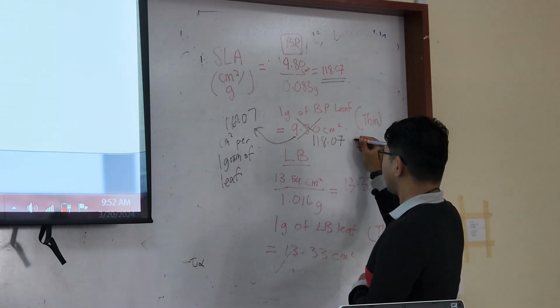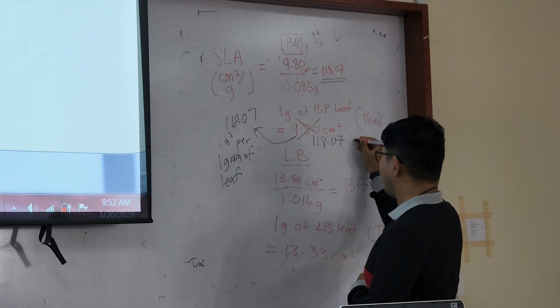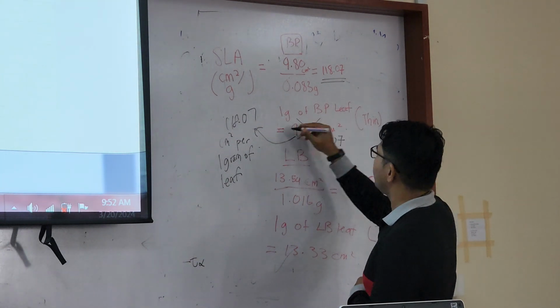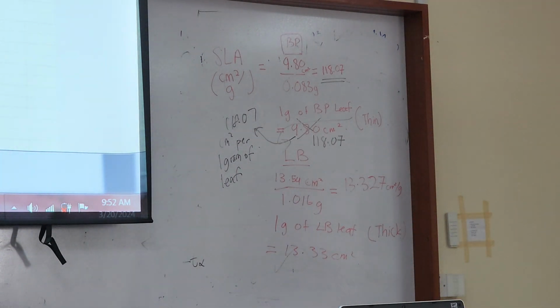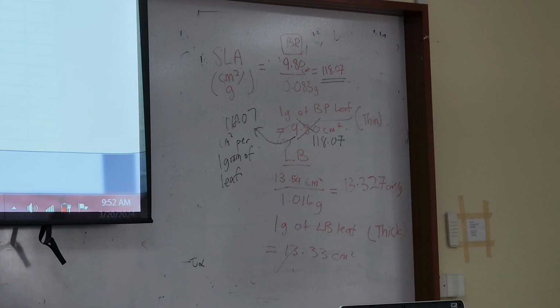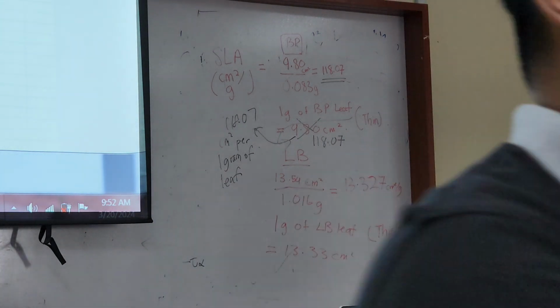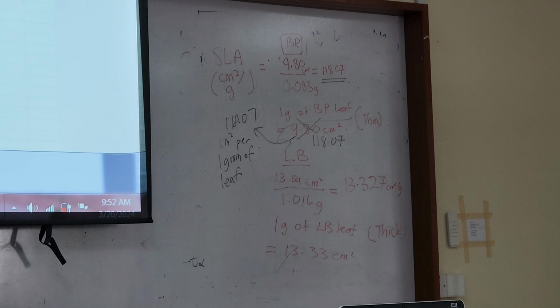1.07. 1 gram of butterfly leaf, you get so much area. Just 1 gram of it. Think of it like you are spreading a jam. Your jam is very thin. Another is you are spreading water. If you spread water, same 1 teaspoon, that water can maybe cover the whole table because it's very thin.